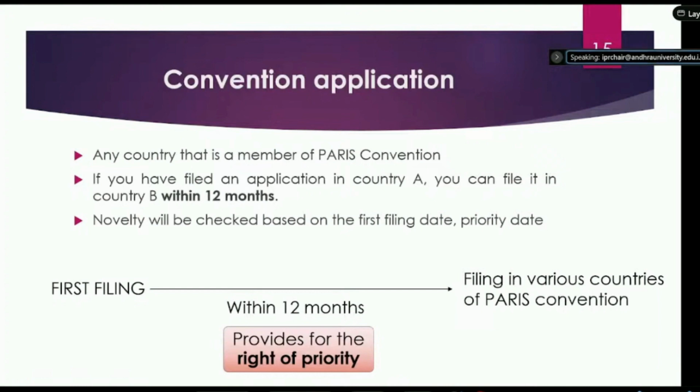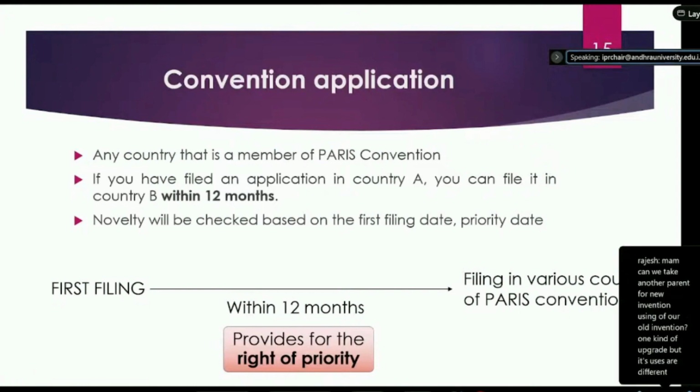Most of the time, if you don't remember what the timeline can be, it is basically 12 months. If you have filed one provisional specification, we have 12 months of window time to file the complete specification. If you have filed in one convention country, you have 12 months of time to file in the next convention country. So just remember 12 months, it's very easy, but don't write it as 1 year, we just call it 12 months.